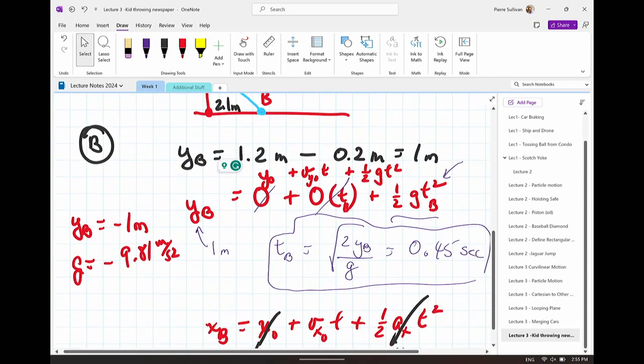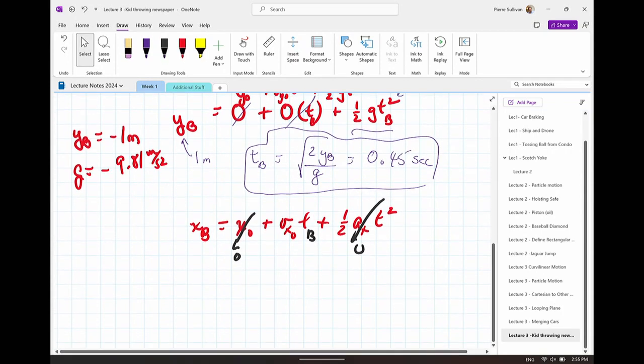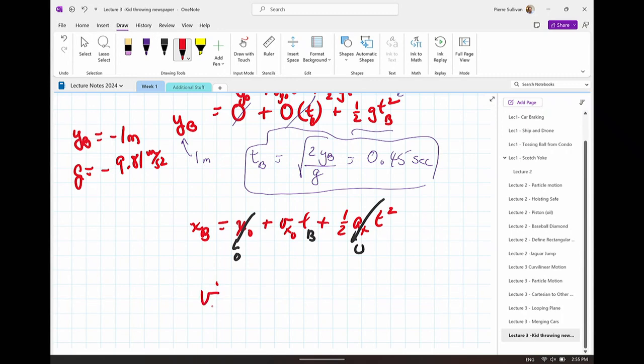So I know what the time is because the time for it to hit point B is the same time as it takes to drop to point B. So that becomes time B. And so V naught x equals xb divided by t, which equals, in this case, 4.65 meters per second.